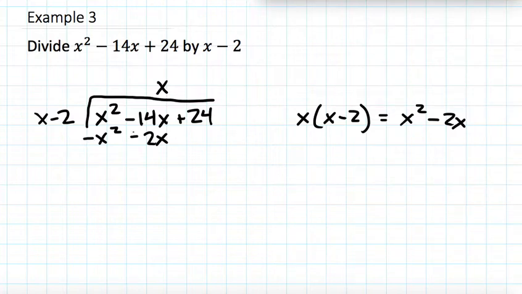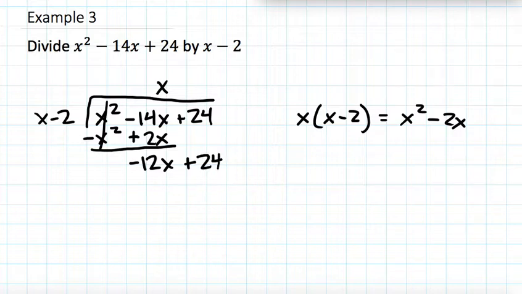This minus sign is going to change to plus 2x. So when I subtract, x squared cancels out. Negative 14x plus 2x is negative 12x. And then bring down plus 24. So again, signs, very important, and that's the way that people tend to make mistakes with this, so be careful.